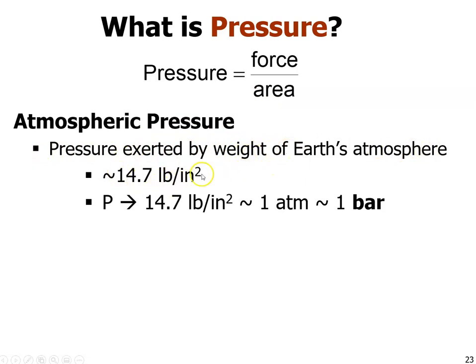For every inch squared, there's 14.7 pounds of force put onto that square inch. This is also, just for some conversion factors, 14.7 pounds per square inch, which is the same as 1 atmosphere (ATM) of pressure, and that's also the same as 1 bar of pressure. So these are different units that mean the same thing.